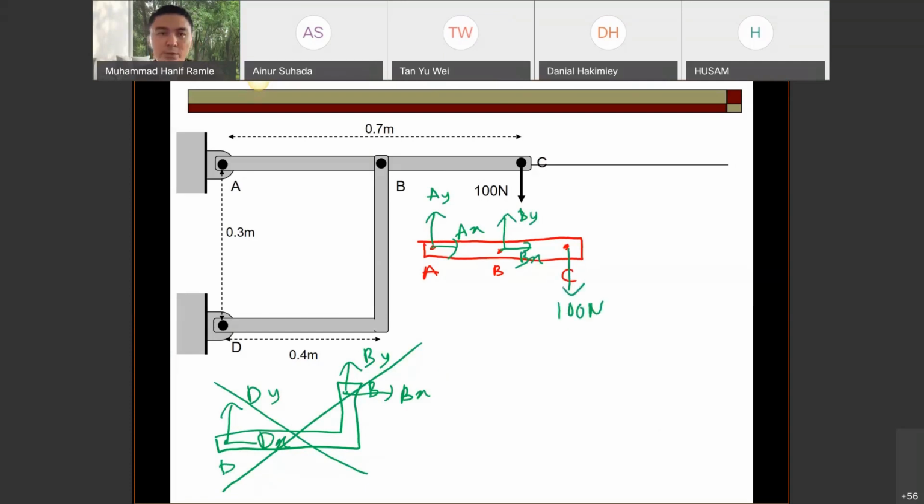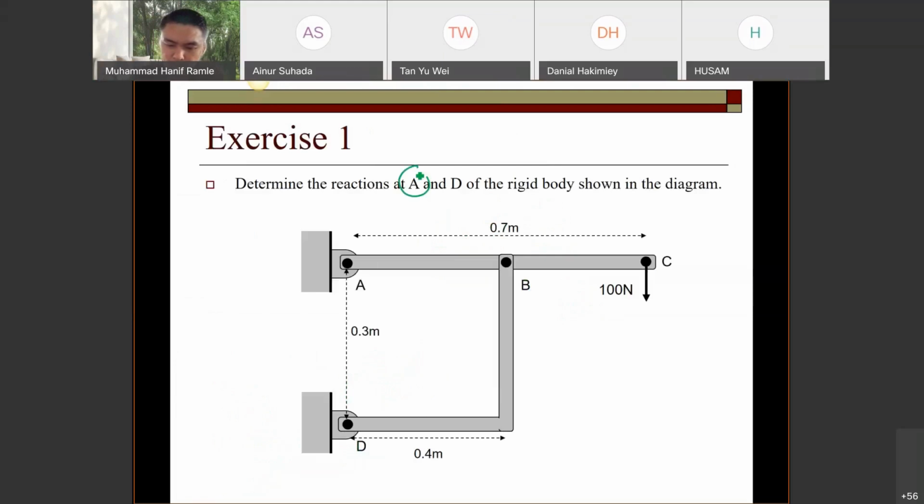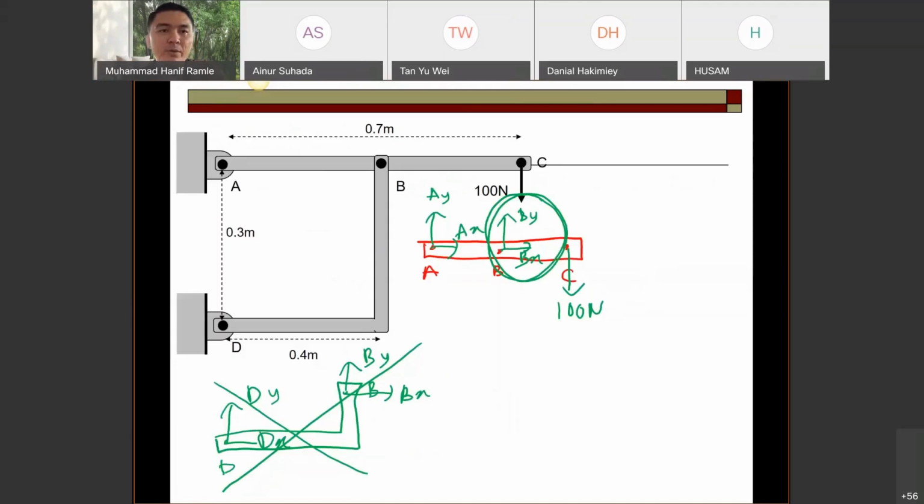If you think to draw ABC, yes, you can, but it will be tedious work later on, because we're not calculating BY, BX. The question asking you to find A and D. So the best FBD for this example is that you draw the whole system, where you exclude the wall here and also the socket here.